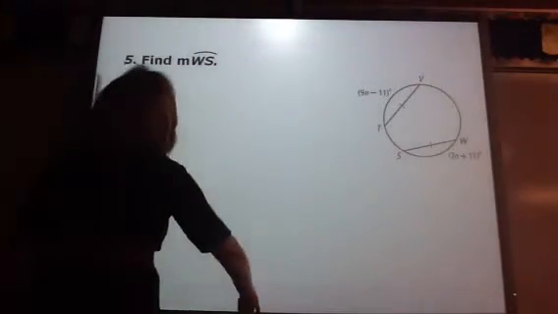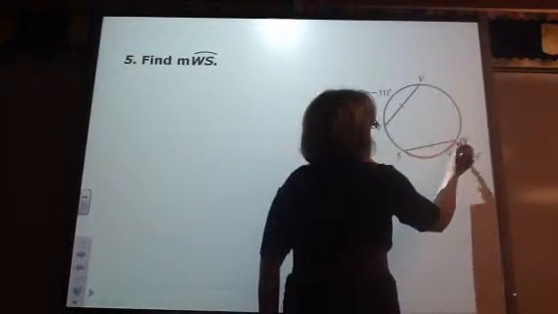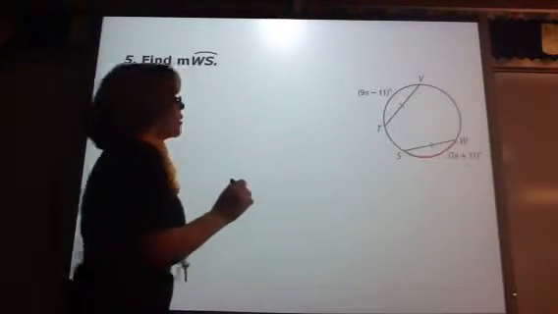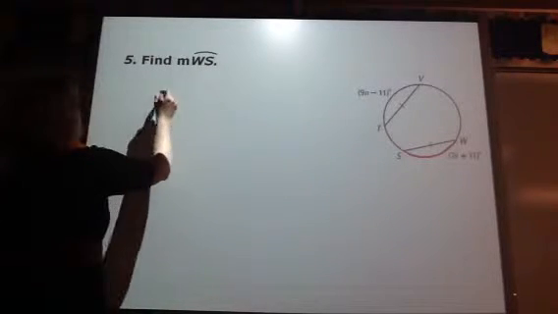Okay, find the measurement of arc WS. So we're looking for this measurement right here. Well, we've got these two chords in the same circle that are congruent, so we can set them equal to each other to find out what N is.